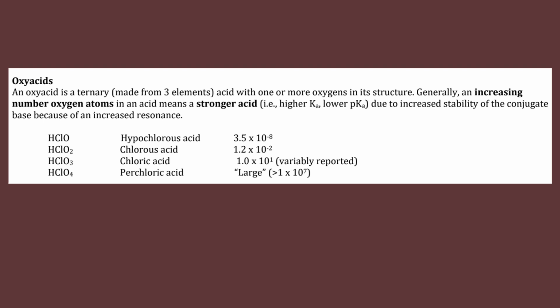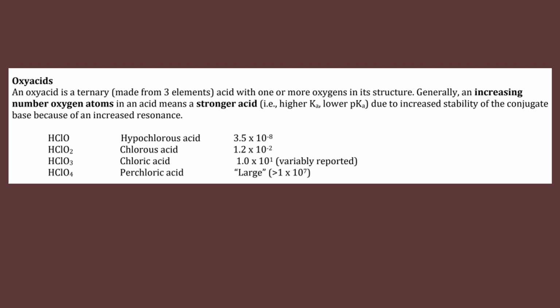Oxyacids. An oxyacid is a ternary acid, made from three elements, with one or more oxygen in its structure. So we have hypochlorous acid, chloric acid, and perchloric acid. Generally, by adding more oxygen atoms, you're going to have a stronger acid, higher Ka, lower pKa value. This is due to increased stability of your conjugate base.